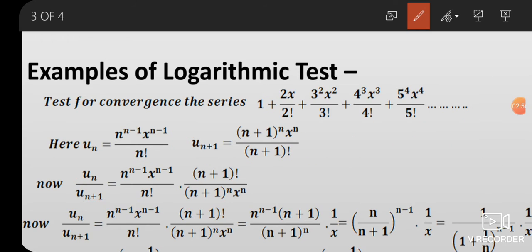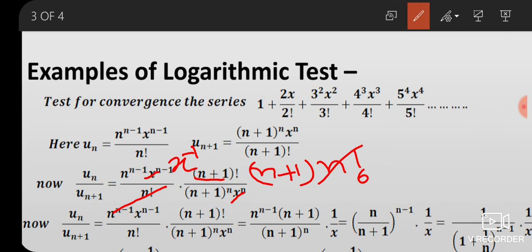Now cancel x to the power n by x to the power n; in the denominator and numerator, x to the power minus 1 remains. Expand factorial n plus 1 as n plus 1 times factorial n, and cancel factorial n in numerator and denominator.